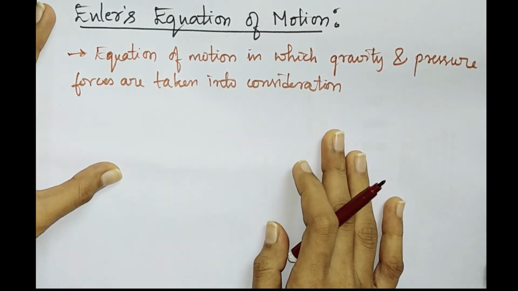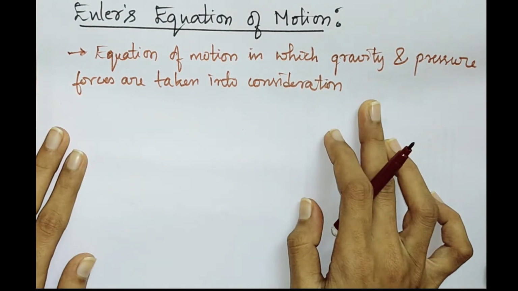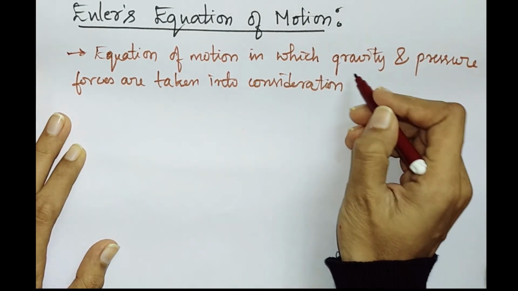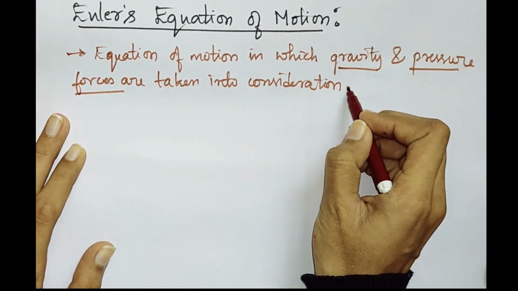So what does Euler's equation of motion mean? It is an equation of motion in which both the gravity and pressure forces are taken into consideration.